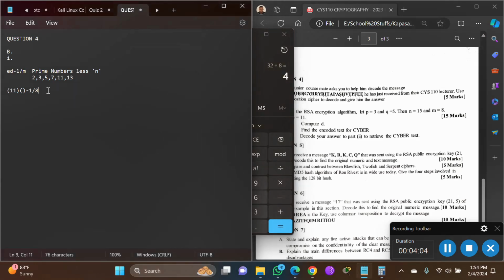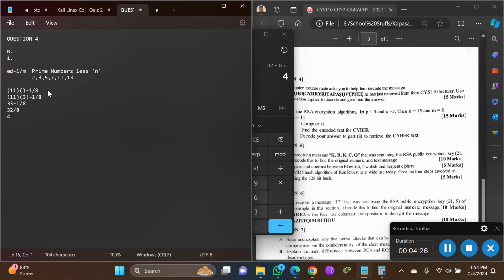So you can see that 11 times 3 from that list of prime numbers, minus 1, divided by 8: we got 33 minus 1 divided by 8, then 32 divided by 8, which is 4.